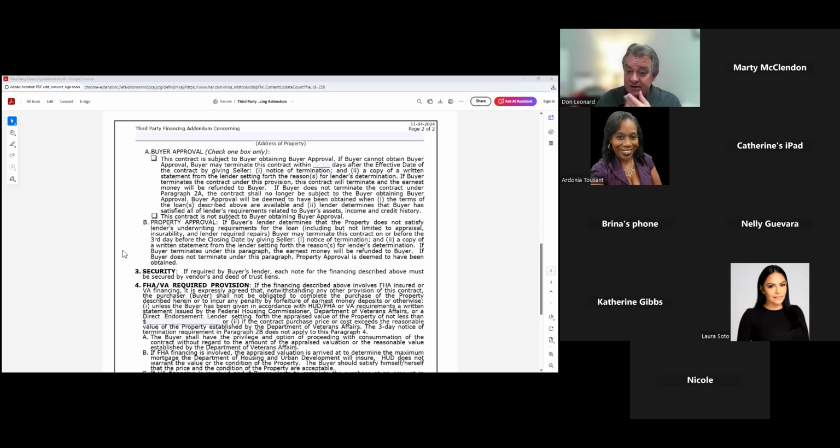That's not appropriate. This is not for conventional financing or anything other than FHA and VA. Kind of surprised that USDA doesn't fall in here as well, since it is a government loan, but it actually doesn't. Other than that, that's pretty much it.